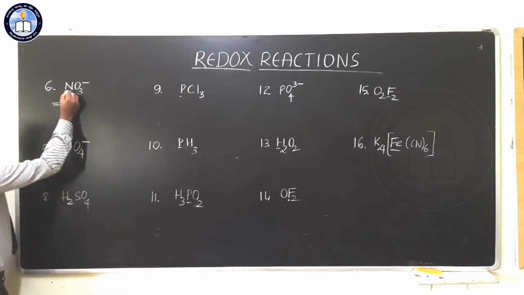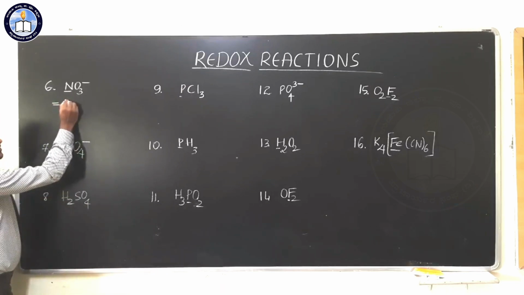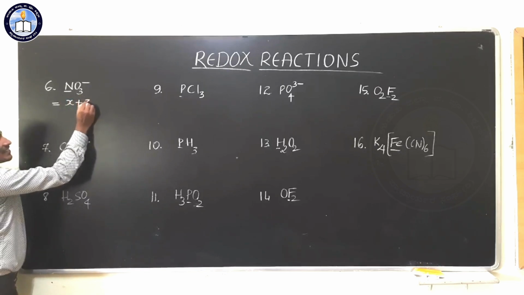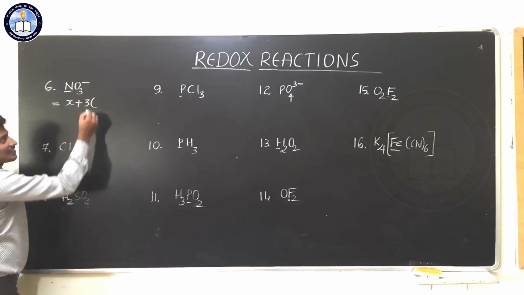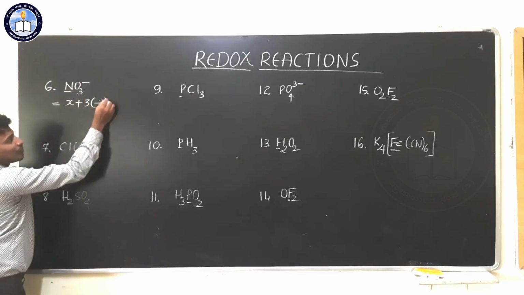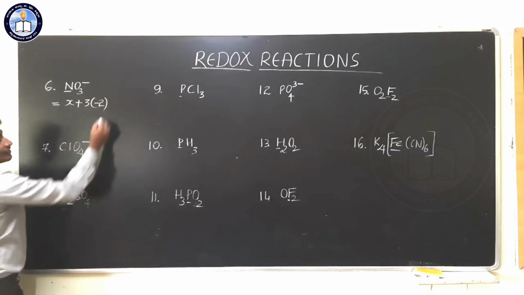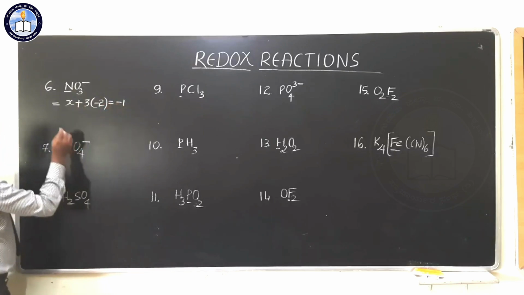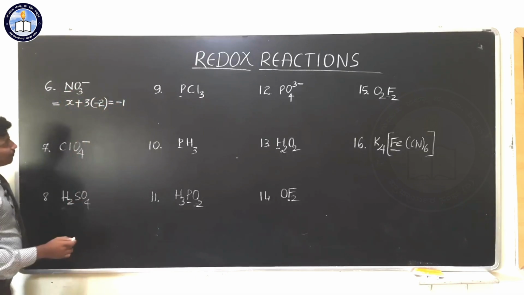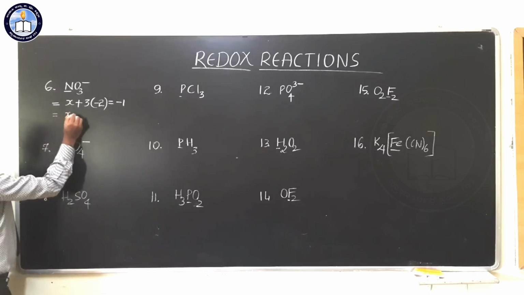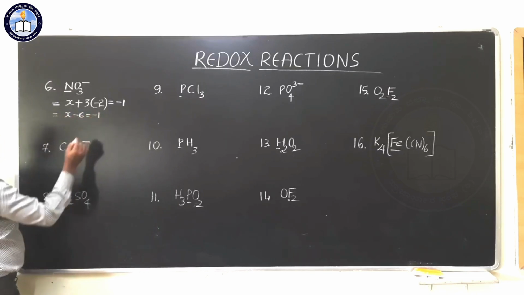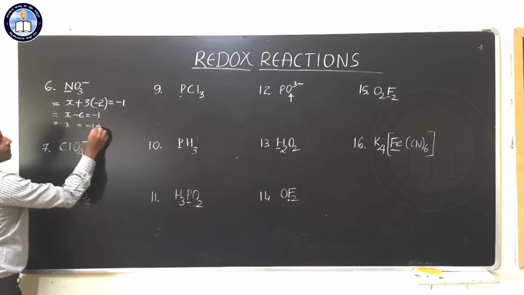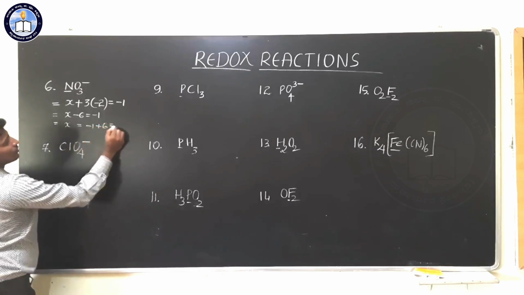For nitrogen we have to find x, therefore x plus 3 oxygens, 3 into the oxygen value, which we already know is -2 from the rule, equals -1. That is x minus 6 equal to -1, so x equals -1 plus 6, which is +5.